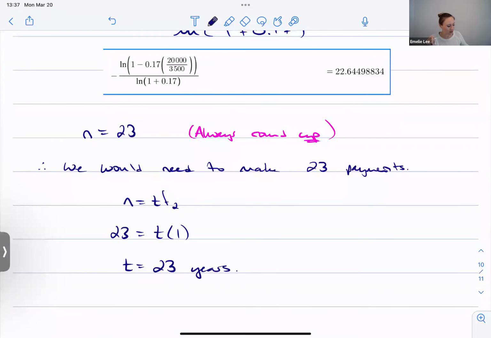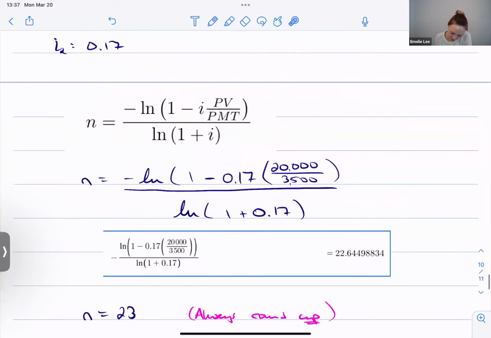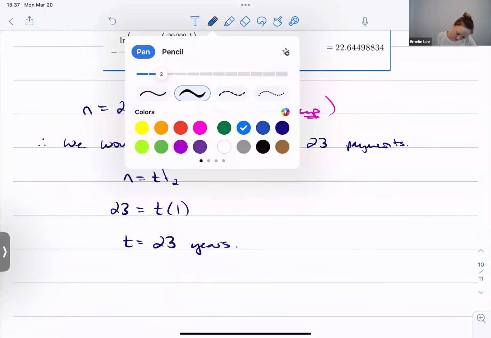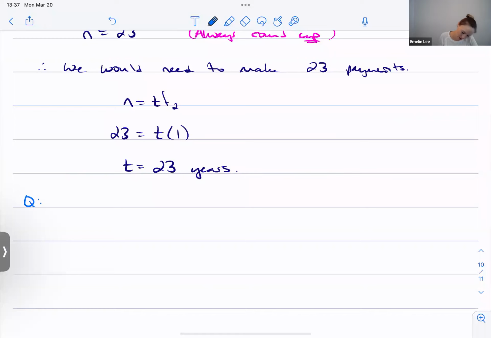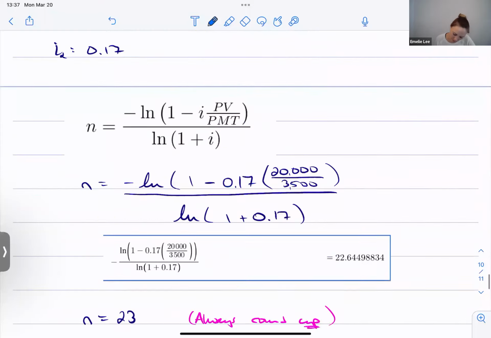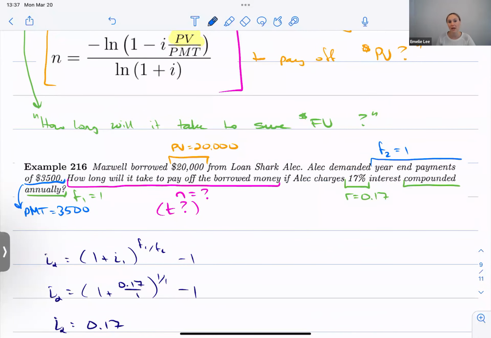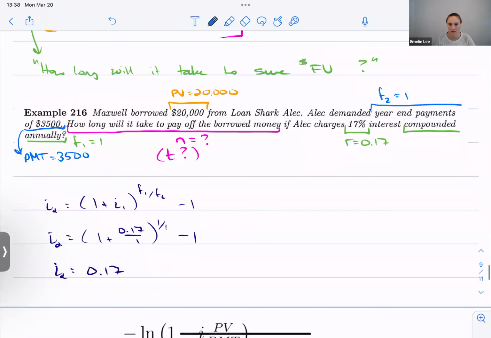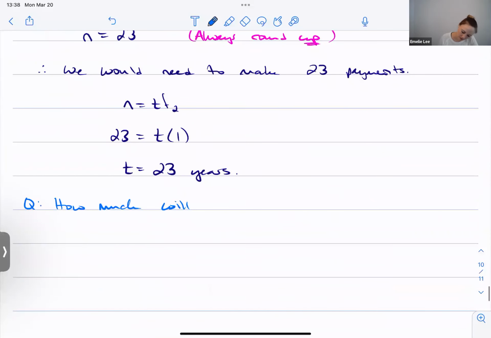And you can do things like, how much did he pay in interest? So an additional question is, how much will Maxwell have to pay in interest?